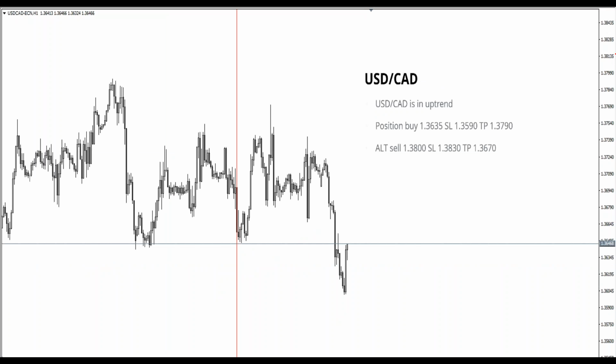And finally, dollar CAD, we had a nice buy setup around 1.2635. This is where the price came. It was 1.2646, so it came within the zone and definitely rejected to the upside.